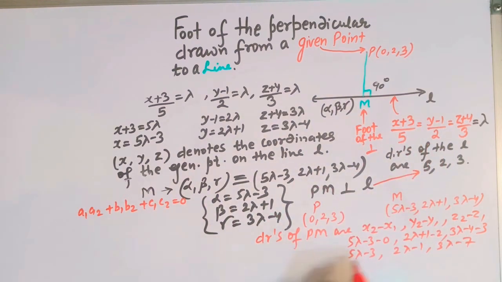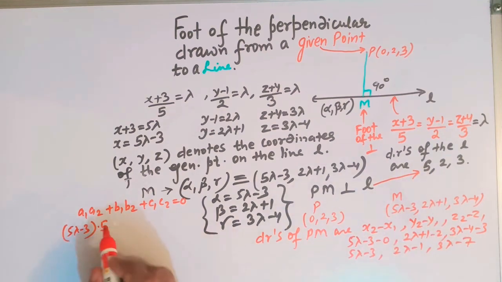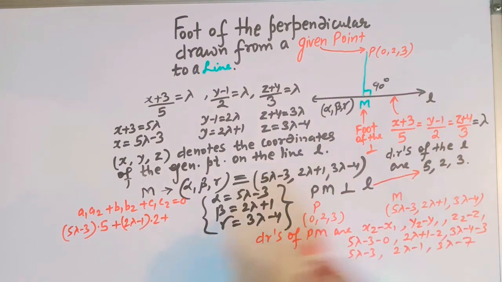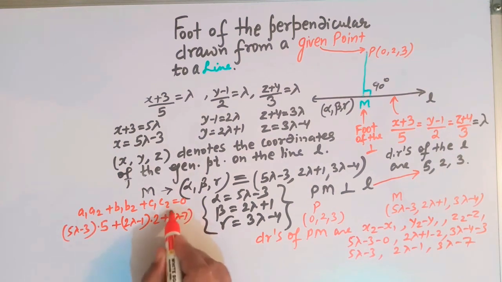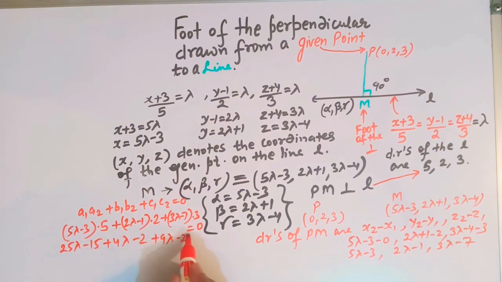So we have (5 lambda minus 3) times 5 plus (2 lambda minus 1) times 2 plus (3 lambda minus 7) times 3, and this is equal to 0. And here we have 25 lambda minus 15, this is 4 lambda minus 2, this is 9 lambda minus 21 is equal to 0.